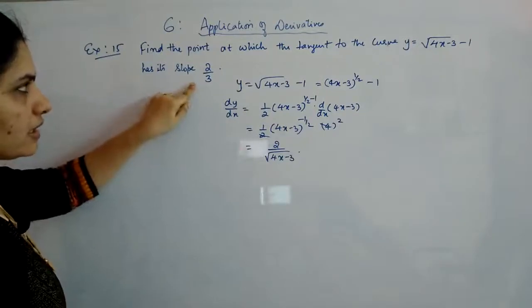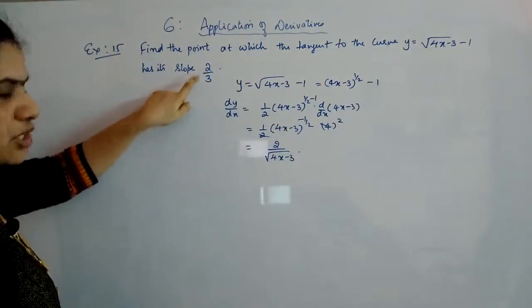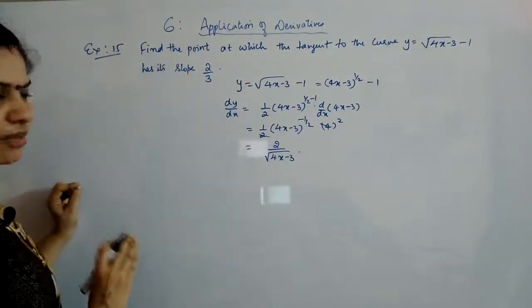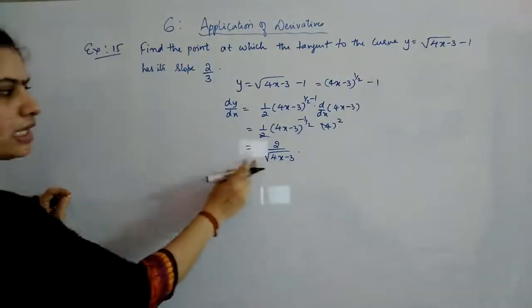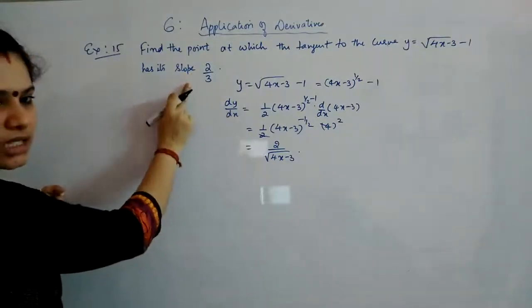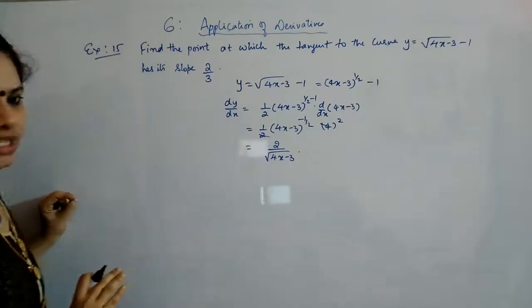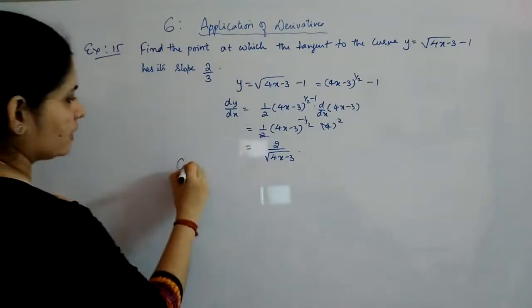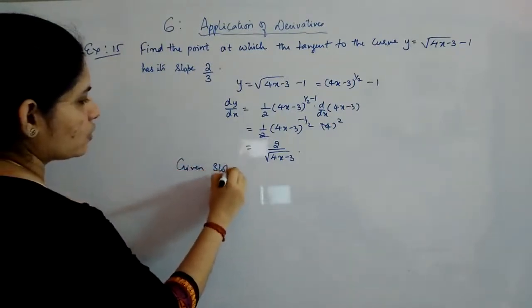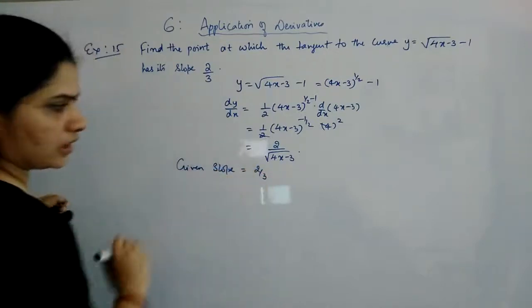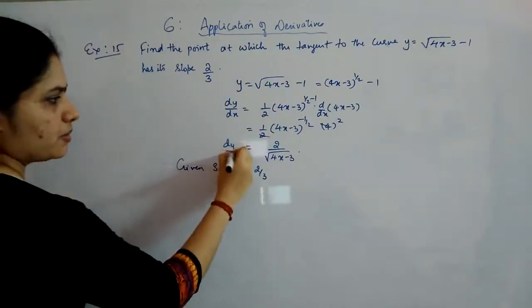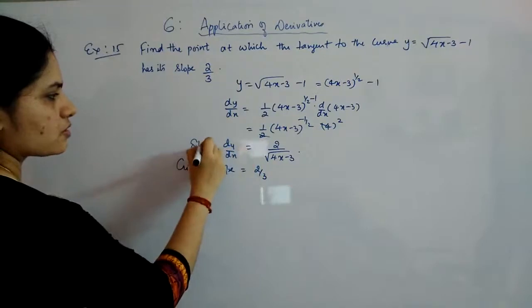And what they have given, slope is 2 by 3, and we know that slope is the same as dy by dx. So we can equate this with the given slope in order to find out what x is. Given slope is equal to 2 by 3, and this is also slope.